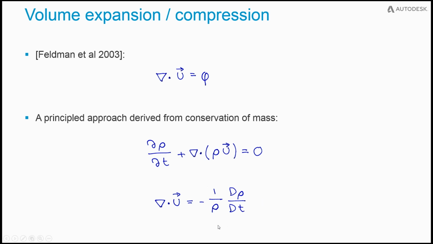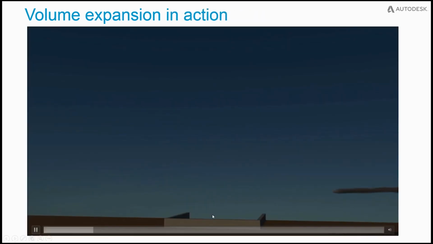And this expression is just 1 over the mass density, minus in front, times the material derivative of the mass density. And this is what we actually compute in the Bifrost solver to capture the volume expansion and compression effects. But we of course also expose controls to scale this for artistic purposes.